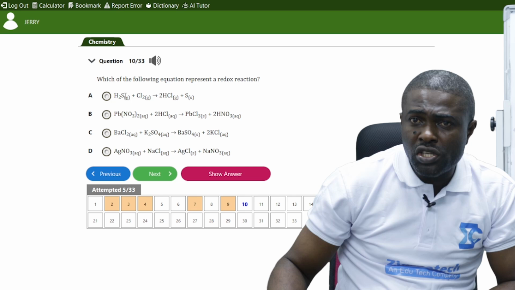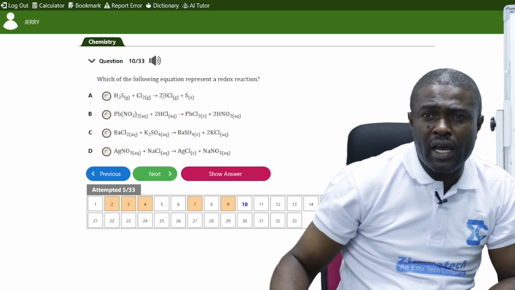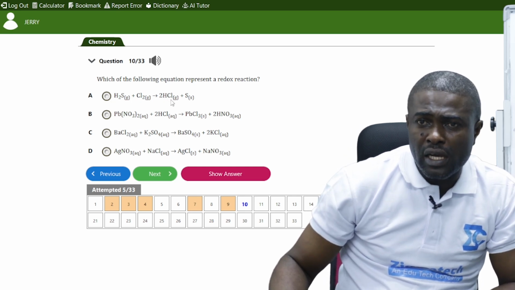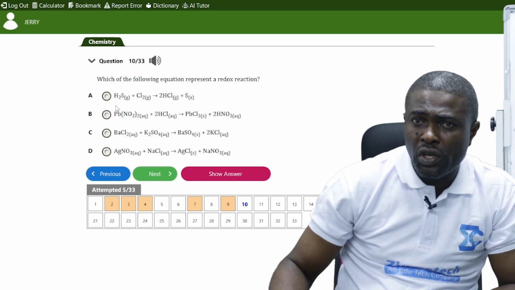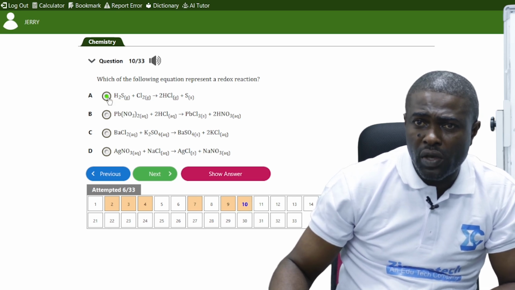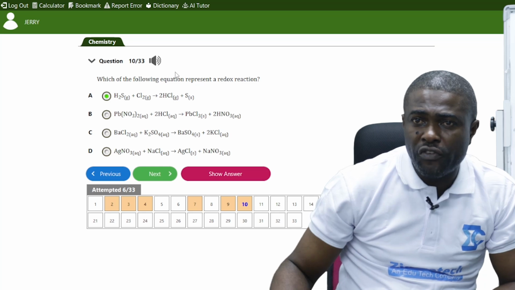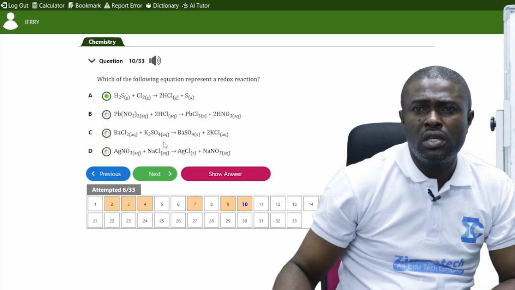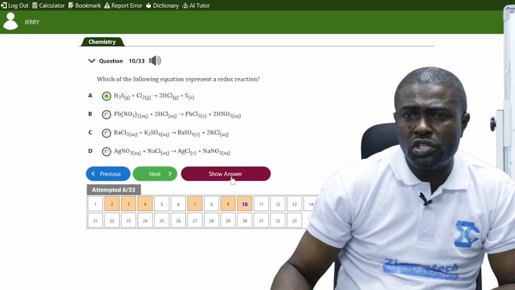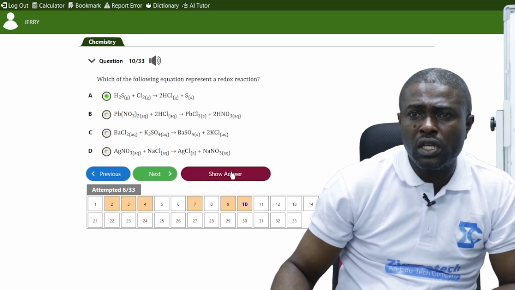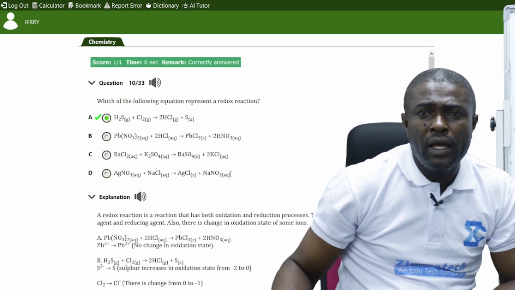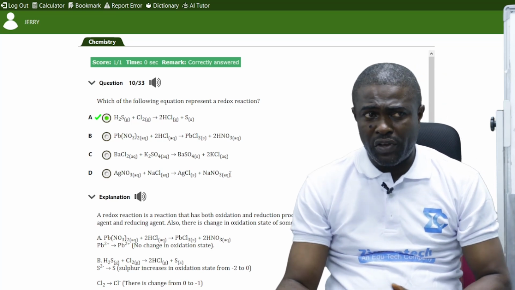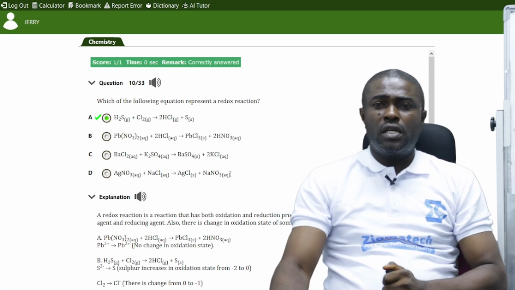Hydrogen sulfide reacting with chlorine to give hydrogen chloride gas and sulfur is a redox reaction. So A is a redox reaction. Let's check. That is very, very correct.